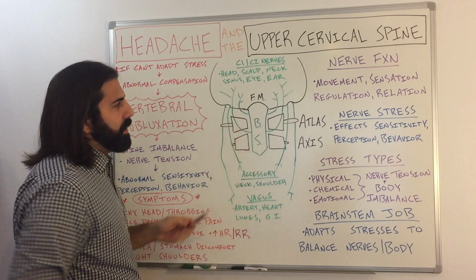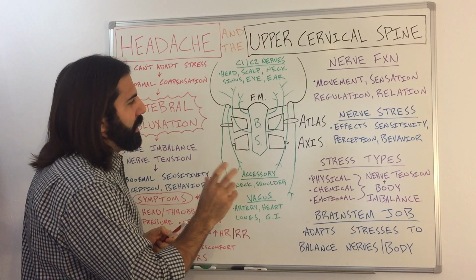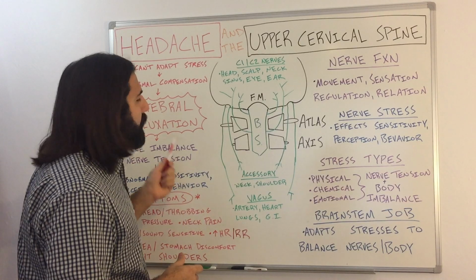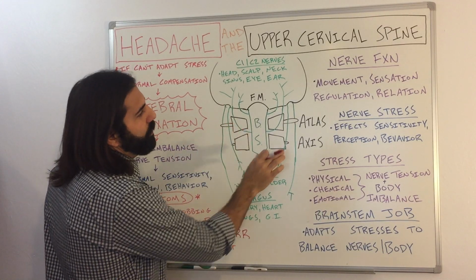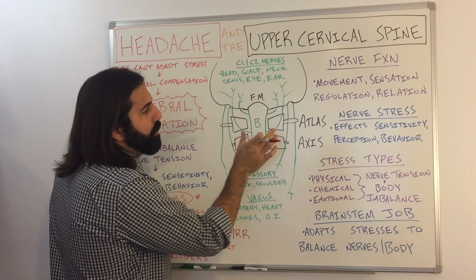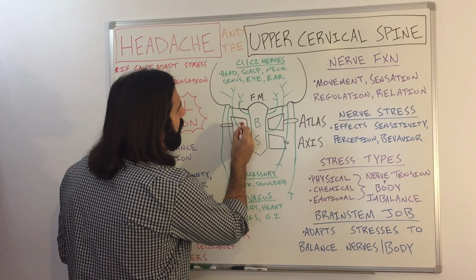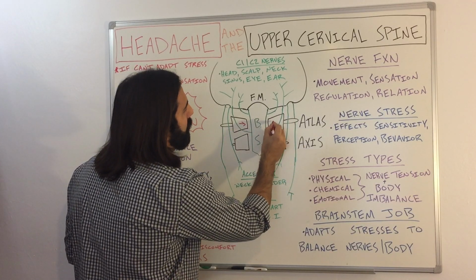Now, I'm going to draw an example of what happens to the spine during a vertebral subluxation. So in this example, we'll have the atlas bone imbalance to the right and rotate forward on the right.